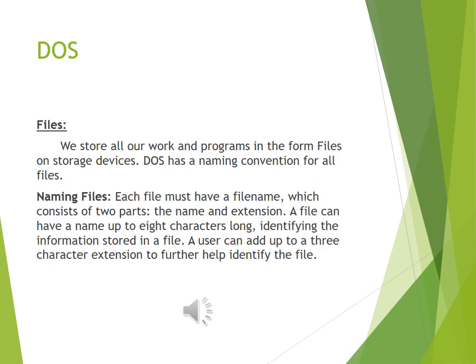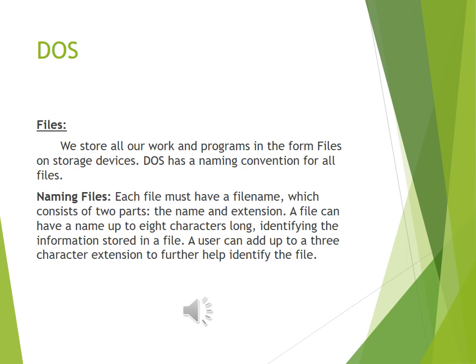We store all our work and programs in the form of files on storage devices. DOS has a naming convention for all files. Naming files. What are naming files? Each file must have a file name, which consists of two parts: the name and its extension.